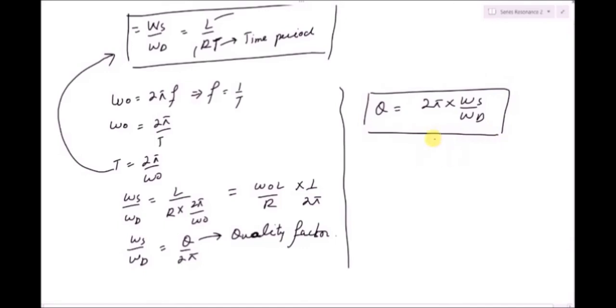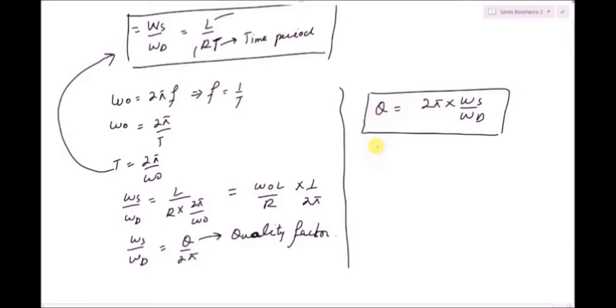So we have derived an equation in which the quality factor is actually related to the energy stored and the energy dissipated in the system. Actually this particular equation can be used for other systems as well, because for any system we can calculate the energy stored and energy dissipated, and we can relate it to the quality factor.